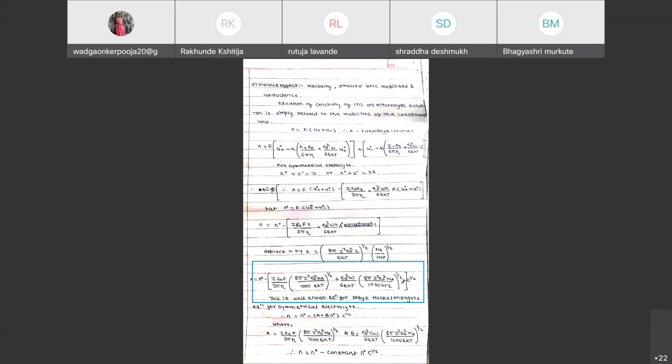Now whatever the equation is in this square bracket, this boxed equation is a very, very famous equation, which is called the Debye-Huckel equation for symmetrical electrolyte.